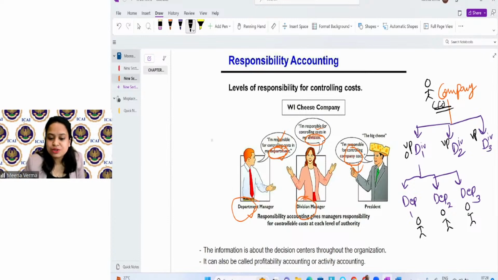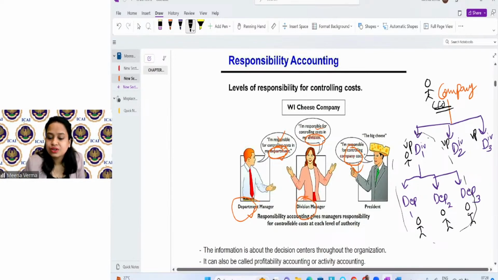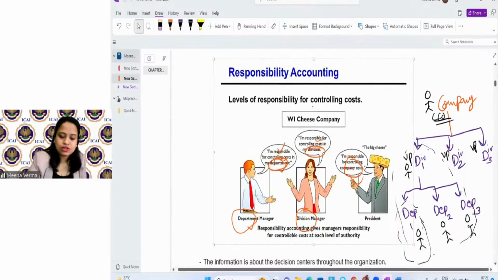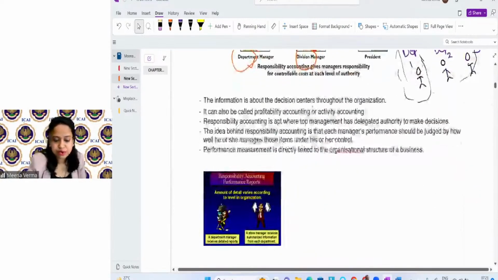The vice president will say, I am responsible for the cost of this entire division. And this person will say, I am responsible for my department. The point is that their role, responsibility and authority are different. So who is responsible for what in the organization is very important to know. Who is responsible to do what?